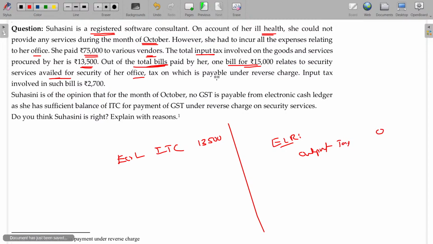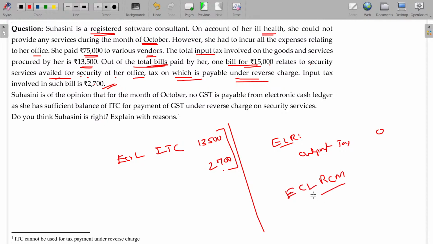But anyhow, one bill of 15,000 relates to security services availed for her office, the tax on which is payable on an RCM basis, input tax involved in such bill being 2,700. This 2,700 will also come under the electronic credit ledger, but this value will be payable only using the electronic cash ledger.